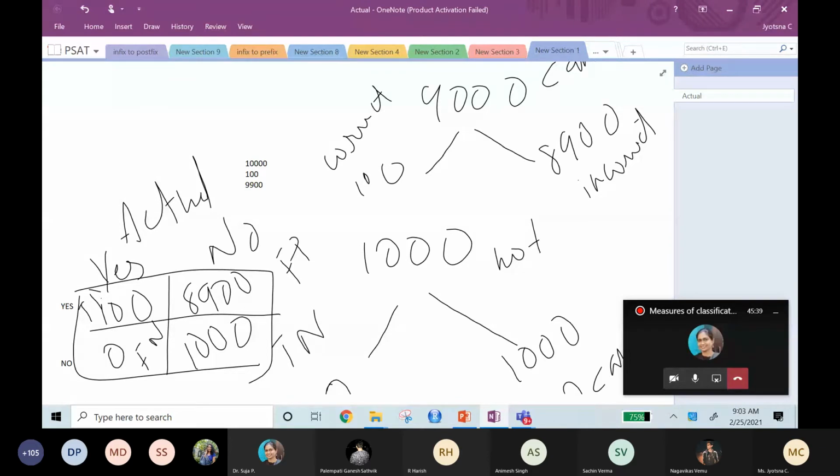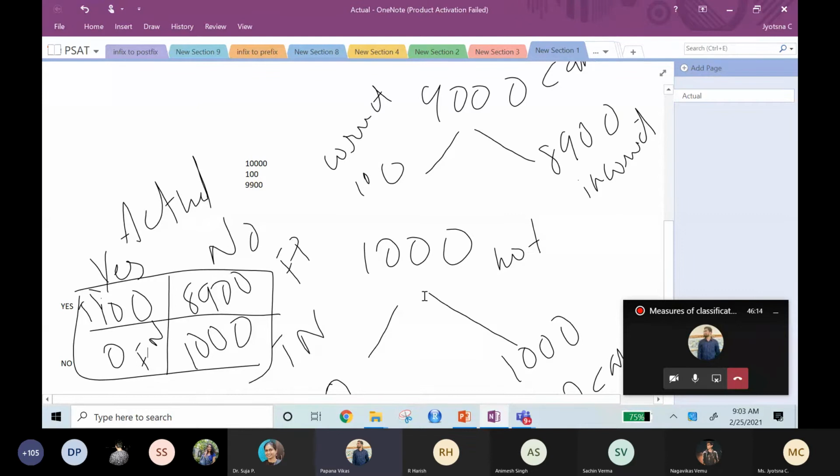Ma'am, actually identified as no cancer in the sense predicted yes, ma'am? Actually they have cancer, but predicted as no cancer, that is 0. Which one are you asking? This term only, right? 8,900, ma'am.